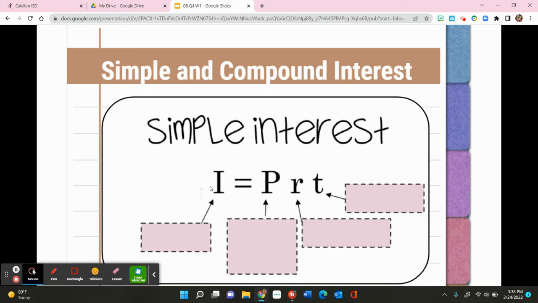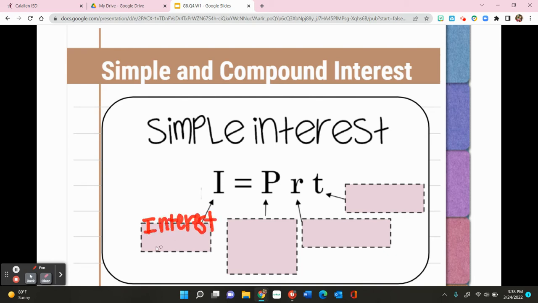So the formula for simple interest is I equals P times R times T. What do each of these letters mean? I stands for the interest earned on either your loan or your investment. P stands for the principal, which is the amount you're taking out on your loan or the amount you are investing.